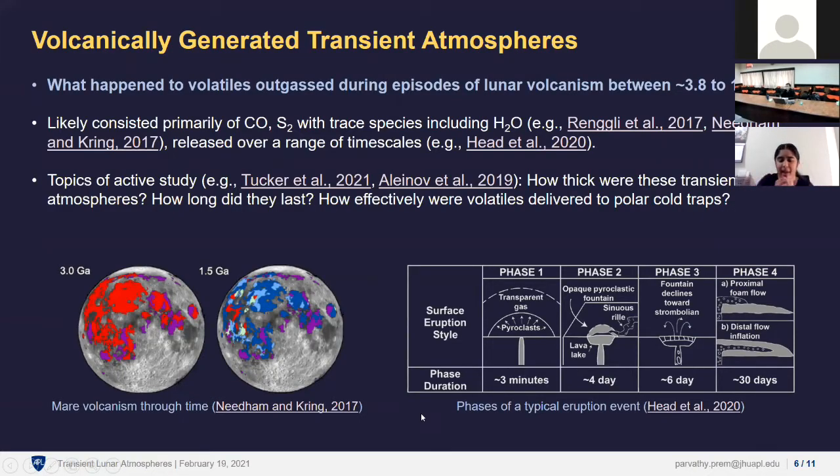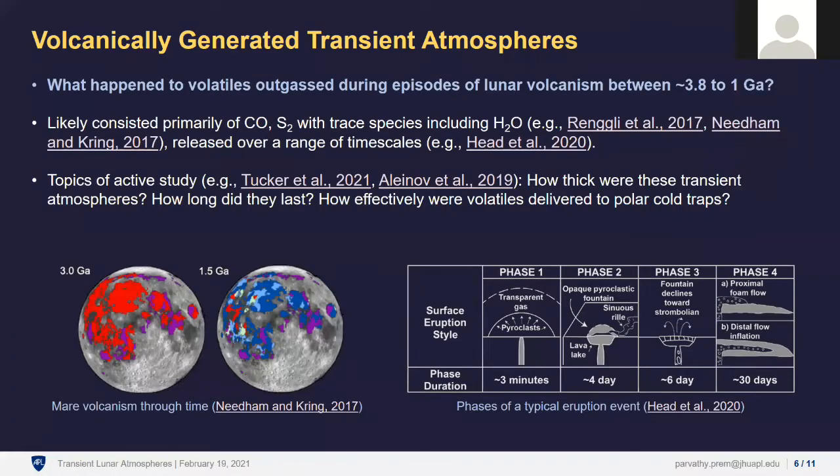So you have magma ascending to the surface over the course of minutes, and then that vent and that eruption continues to evolve over the course of several days. So you have these many days long eruptions releasing quite significant quantities of these gases into the lunar exosphere, happening every 100 or 1,000 years or so for billions of years.